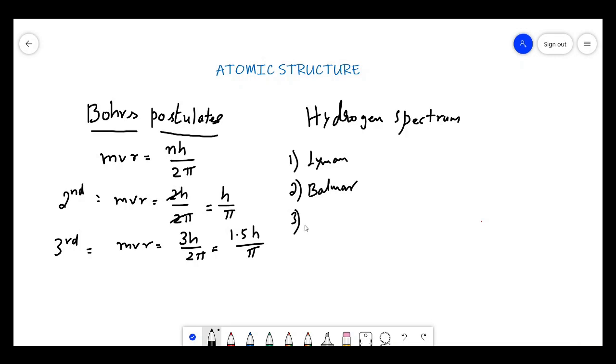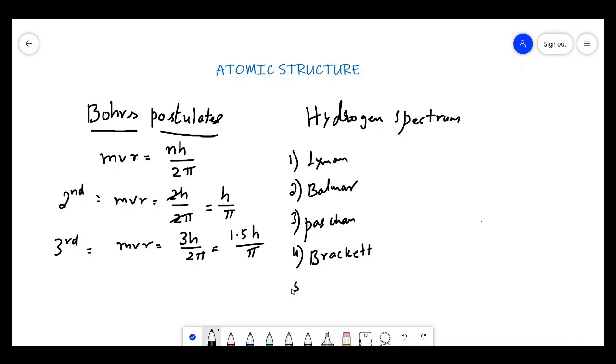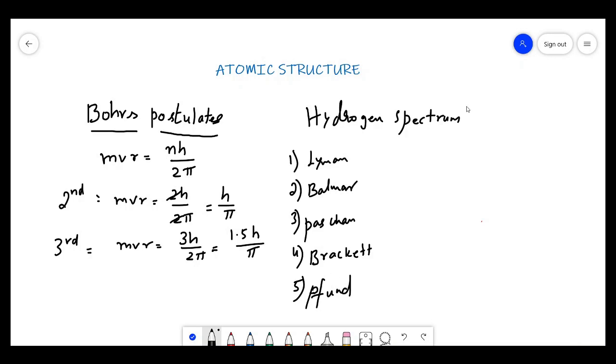Next the Paschen series. Next we have Brackett, and the fifth one is the Pfund series, P F U N D. So these are the five series.